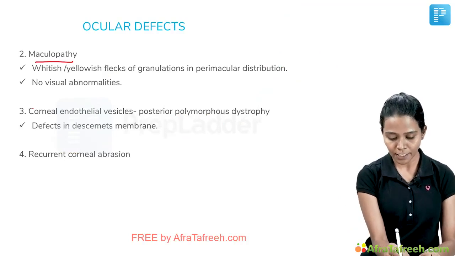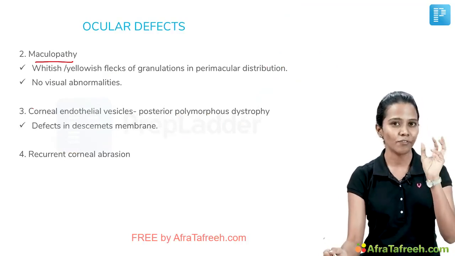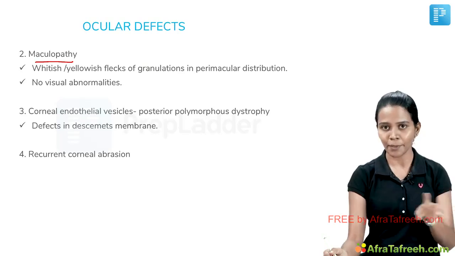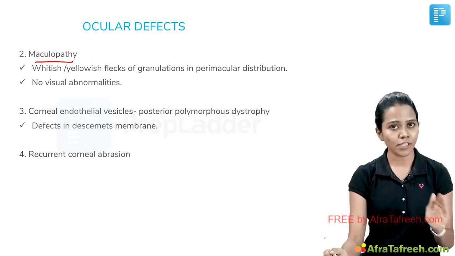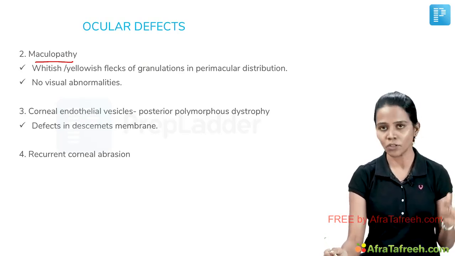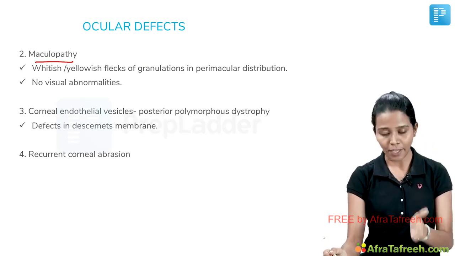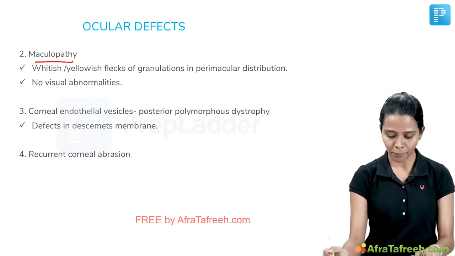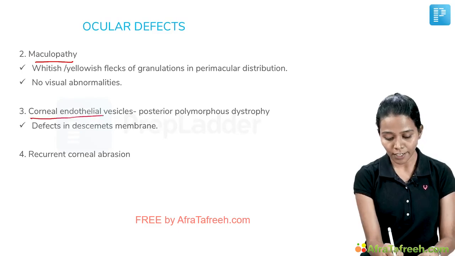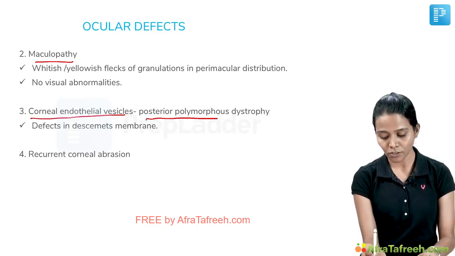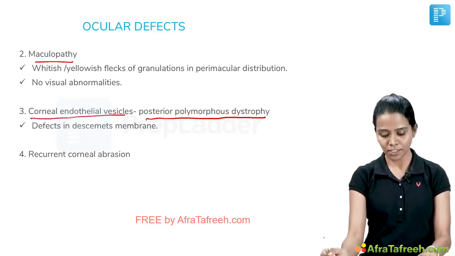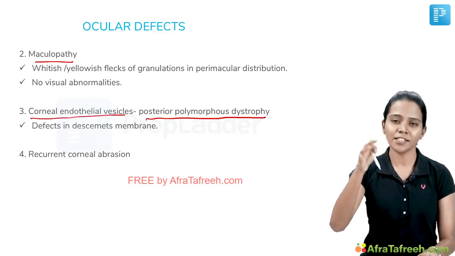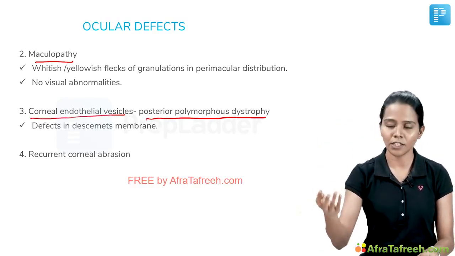Next is maculopathy. These are whitish or yellowish flecks of granulations present in the perimacular area, not causing any visual abnormalities. Lenticonus can cause visual abnormalities, but maculopathy does not. Third is corneal endothelial vesicles, also called posterior polymorphous dystrophy. There are going to be defects in the Descemet's membrane and endothelial vesicles.